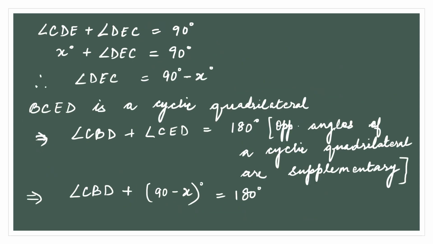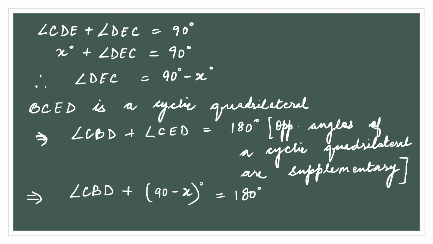Angle CDE plus angle DEC is equal to 90 degree, x degree plus angle DEC is equal to 90 degree. Therefore, angle DEC is equal to 90 minus x degree, right? Because the remaining angle of the triangle will be equal to 90 degree, because one angle is 90 degree.